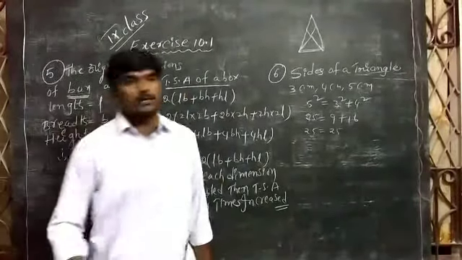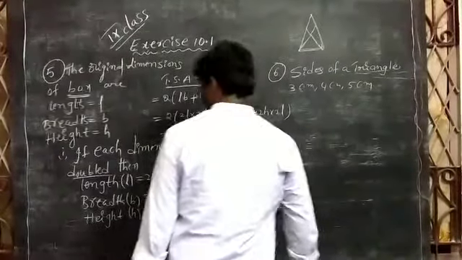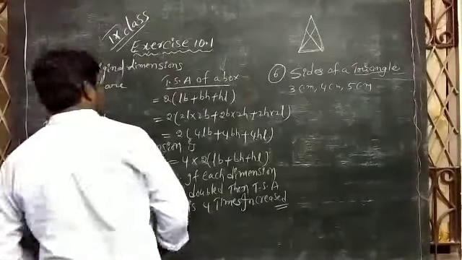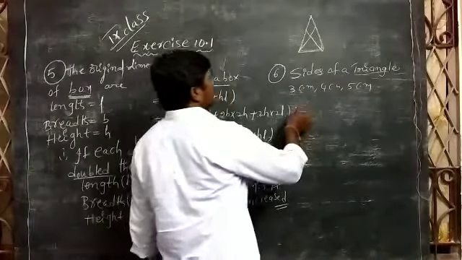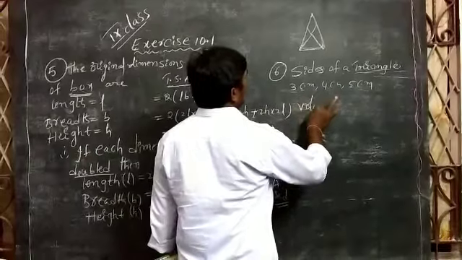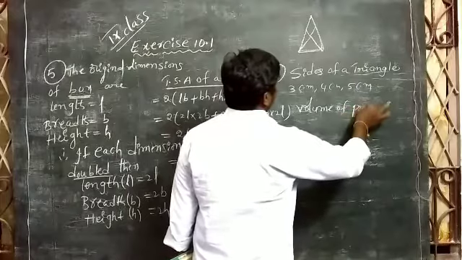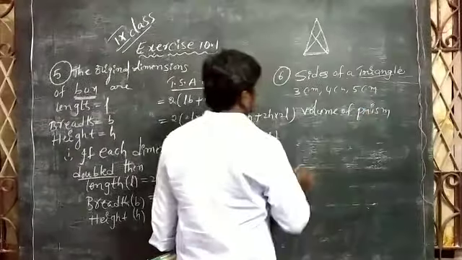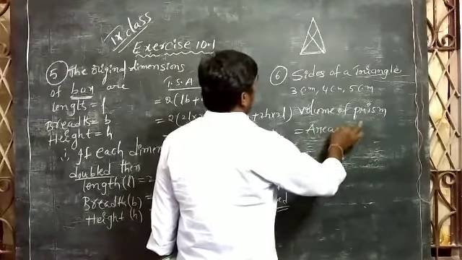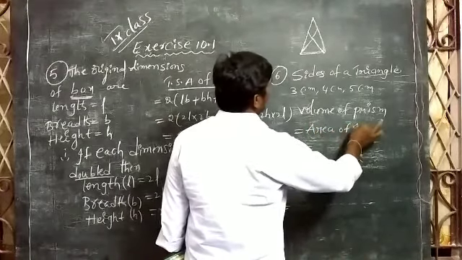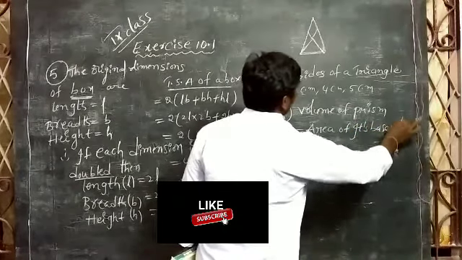That's why here we have to apply the area of a right angle triangle formula. What is the area of a right angle triangle formula? Half into base into height. Now directly I am telling, volume of prism is equal to area of its base into h.